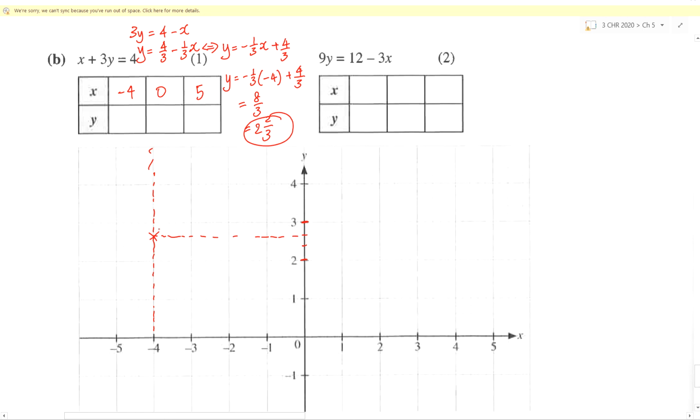So if we are doing an estimation, is that good enough? Okay, so an estimation over here is not good enough. So our conclusion is that choosing x equals to negative 4 may not be such a good idea after all, because I will end up having to estimate where this 2/3 is.